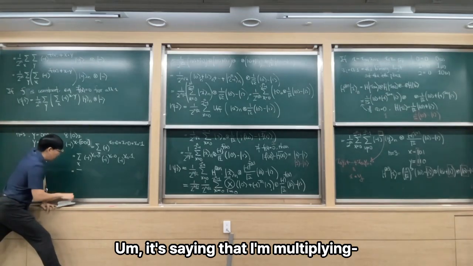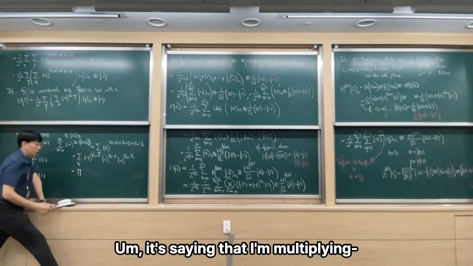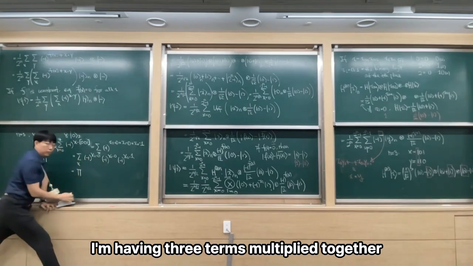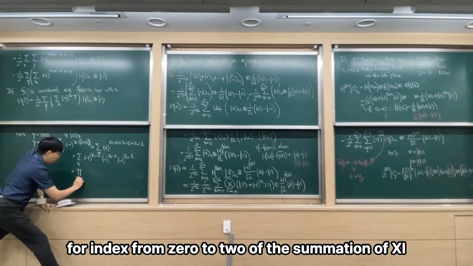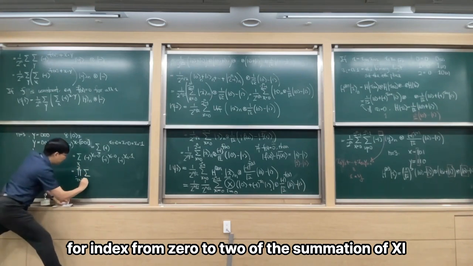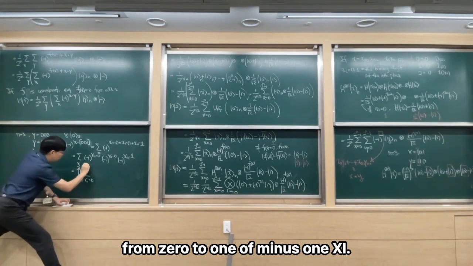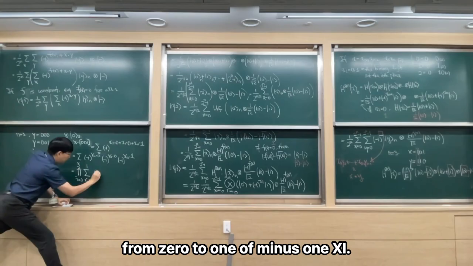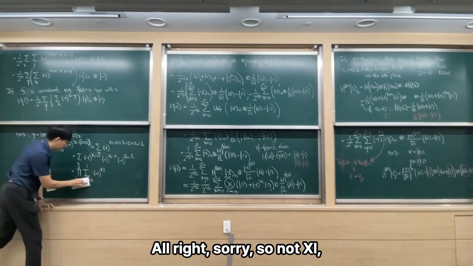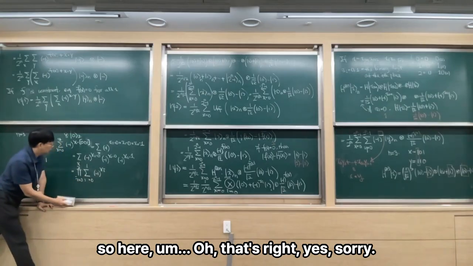It's saying that I'm multiplying 3 terms together, for index i from 0 to 2, of the summation of xi from 0 to 1 of minus 1 to the xi times yi. Sorry, so not xi. So here, oh, that's right.